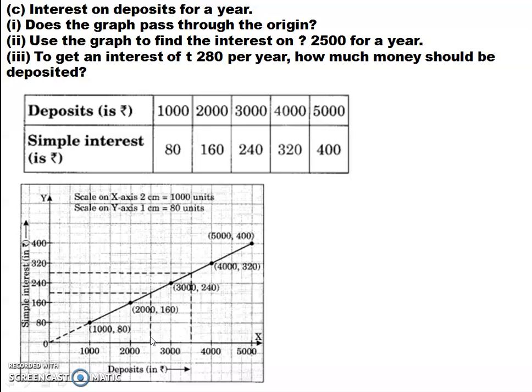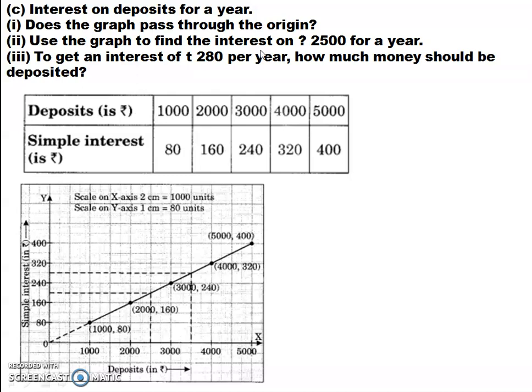Go straight upwards and touch the line which you have drawn. Now go to the y-axis. So 160 and 240. What is the midpoint of 240 and 160? 240 plus 160 by 2. It is 200.